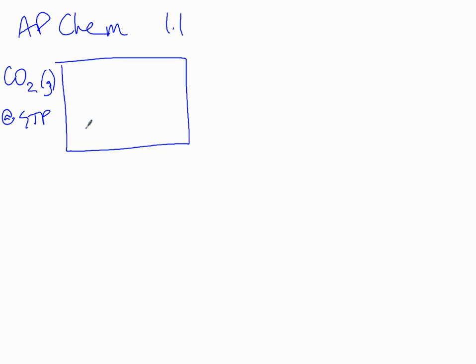So I'm going to represent it as, here's a CO2. Or if you want to be real fancy about it, you can make it look like this. Either one of those. But for now, I'm just going to do it like this. Here's one, here's one, here's one.